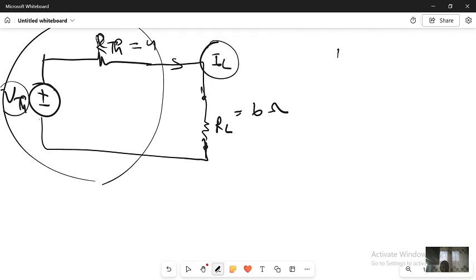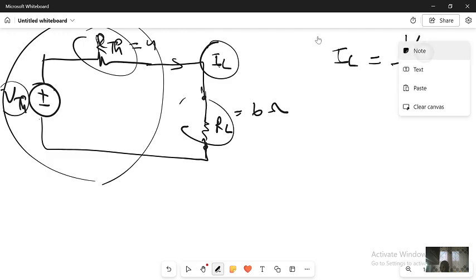To determine the current flowing in the load, we already know from the previous video that when two resistors are in series, the same current flows.